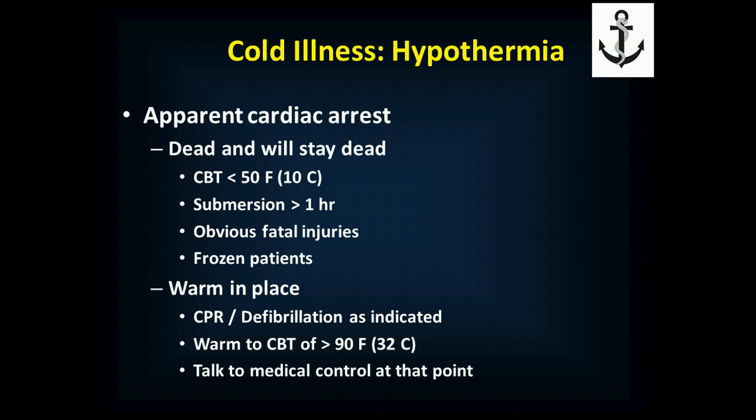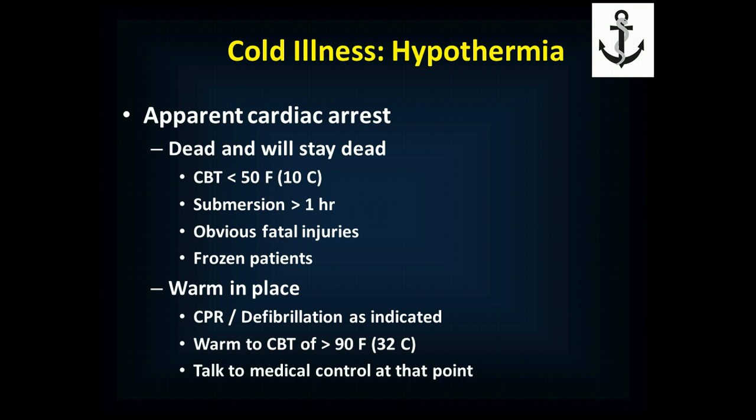And so the best recommendation out there seems to be that if you can get a hypothermic patient without vital signs to a facility where they can do cardiopulmonary bypass rewarming within 3 hours, then withhold CPR. Otherwise, do CPR, rewarm them in place, and get them to a core body temperature of greater than 90 Fahrenheit or 32 Celsius, and make a decision at that point based on whether or not they have return of vital signs.